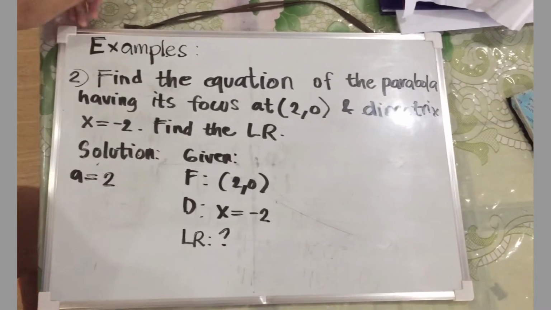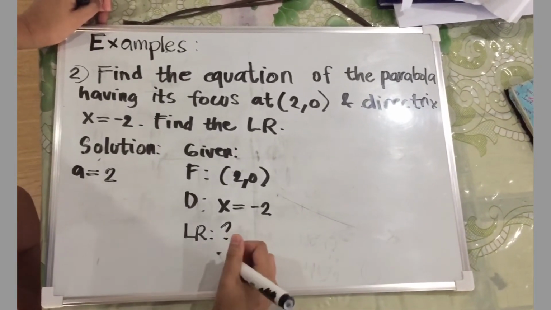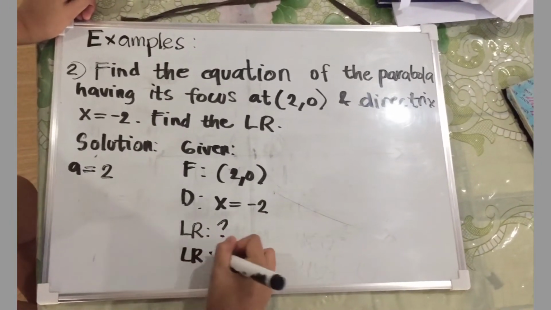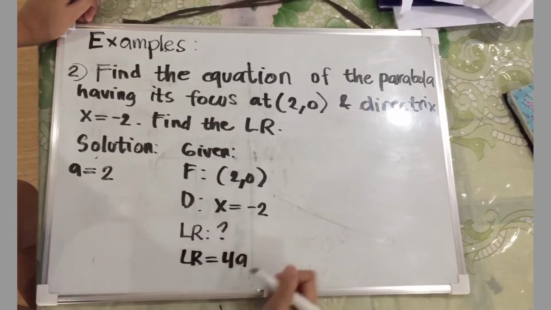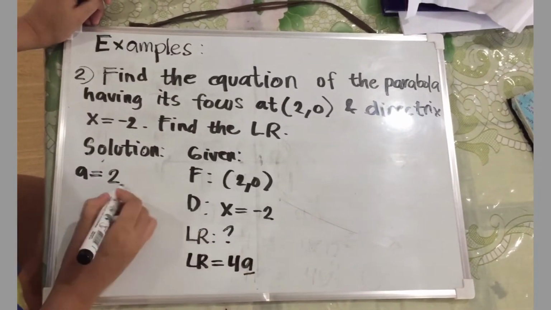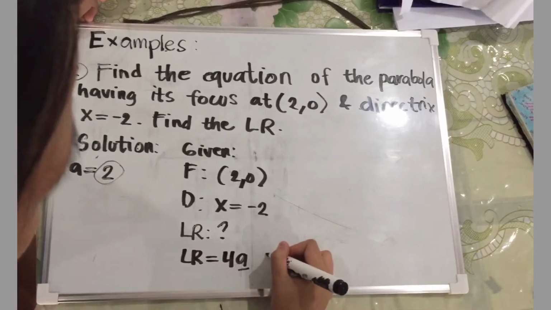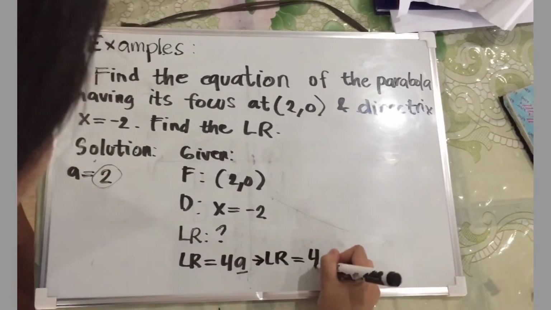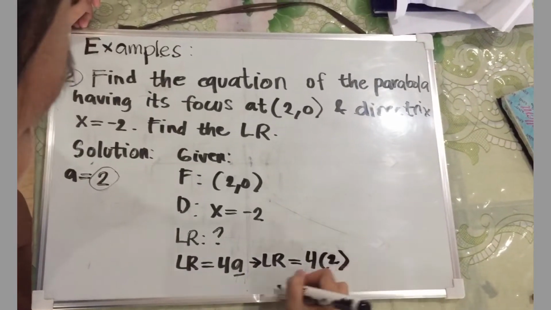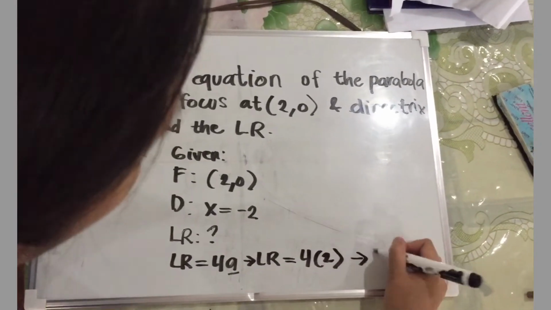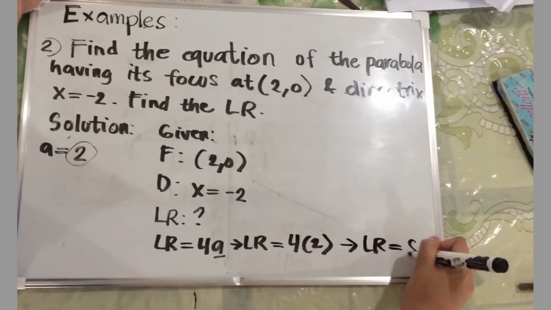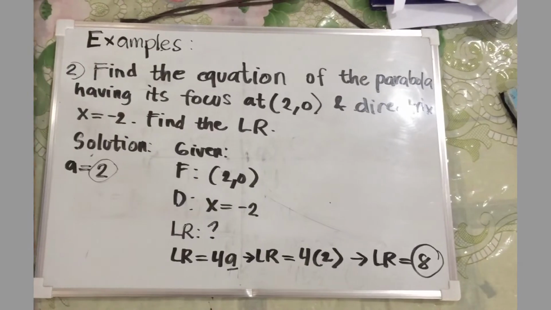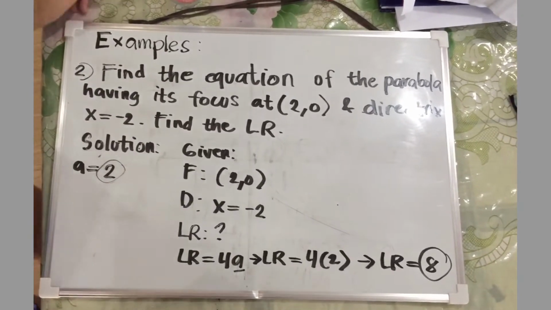So we can find now the latus rectum. The equation of the latus rectum is LR is equal to 4A. We have to substitute the A. LR is equal to 4 times 2. So the length of latus rectum is equal to 8. So since this part is already complete, we can now find the equation.